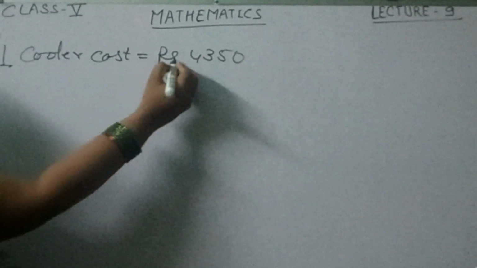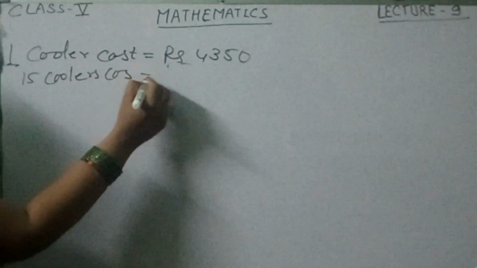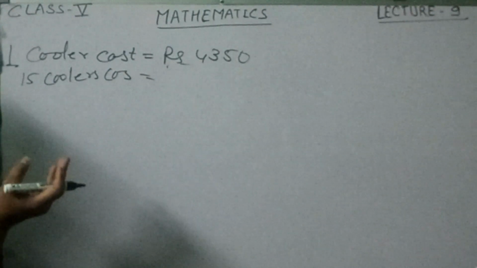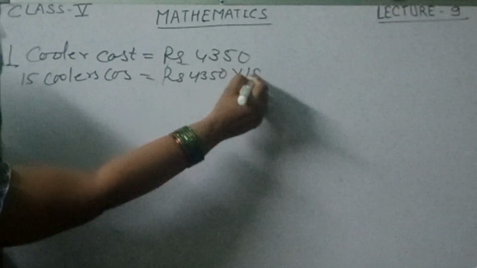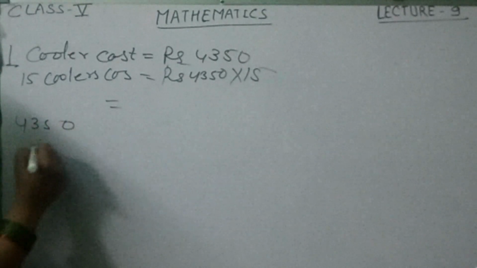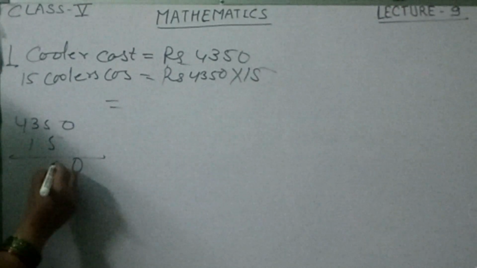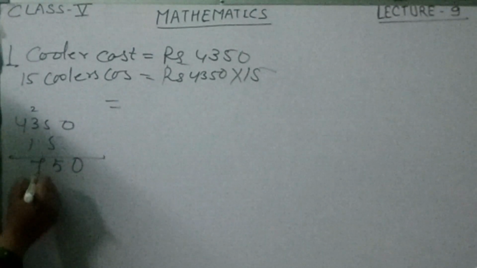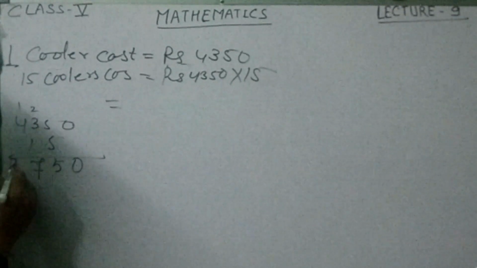Means one cooler's cost is given, and you have to find the cost of 15 coolers. So what I told you: if one thing's price is given and you have to find the cost of many, then you have to multiply the numbers. 4350 multiplied by 15, and you do the multiplication in the rough paper. 5 zeros are 0, 5 fives are 25, write 5 and carry 2. 5 threes are 15 plus 2 is 17, write 7, 1 is carried. 5 fours are 20, 20 plus 1 is 21.